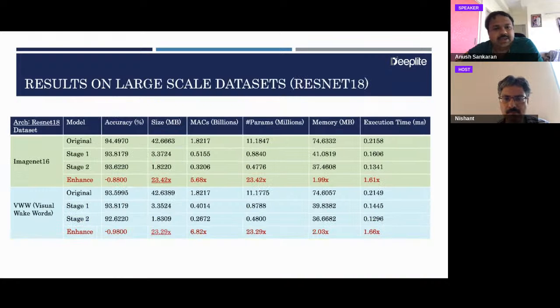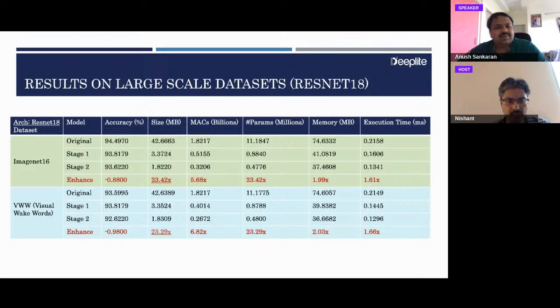Even on large data sets, say this is the ResNet 18 model on ImageNet 16 or Visual Wake Words, we can see that the ResNet 18 model is compressed to about 23 times smaller than the original model. A 42.6 MB model is reduced to a 1.8 MB model, and the accuracy reduction is less than 1%.